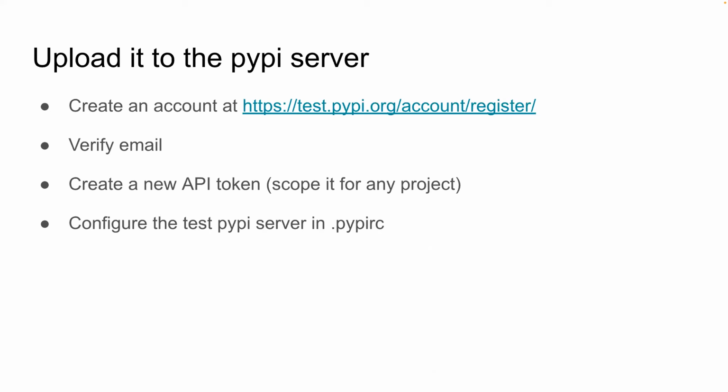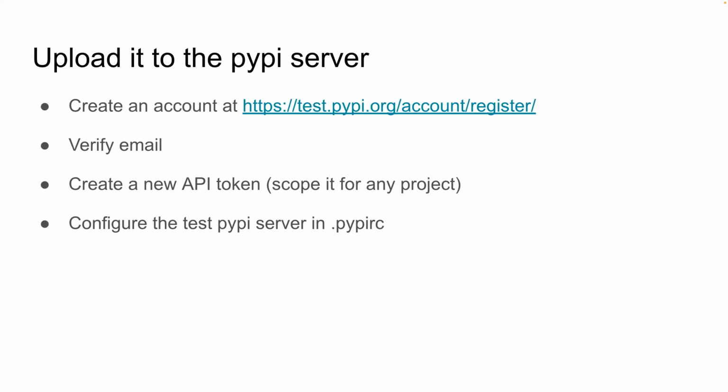Then you are going to upload your distribution to the PyPI server. Here is a link to the test PyPI server, and that's where you usually want to start, just to test things out and make sure things are working. There is the real pypi.org and then the test pypi.org, and you have to register accounts on both.